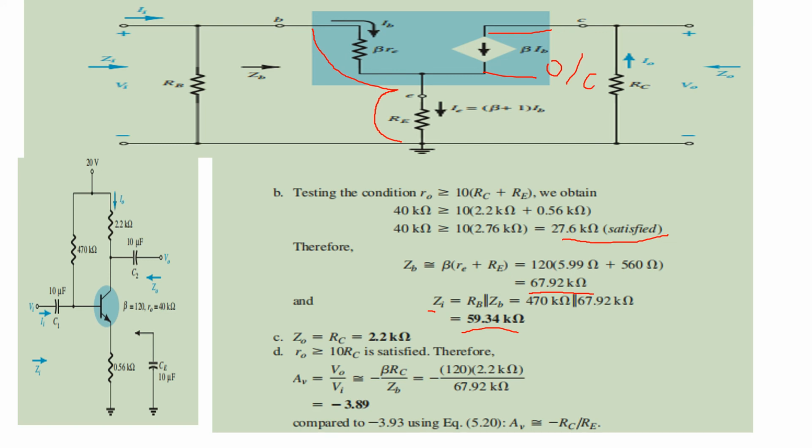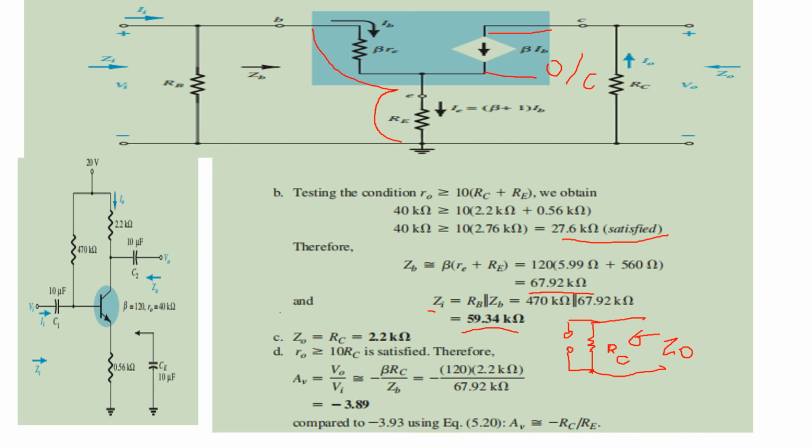So when finding out your input and output impedance, your circuit will be like this. So Z0 is equal to RC.